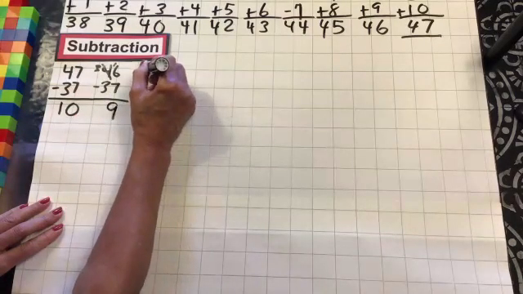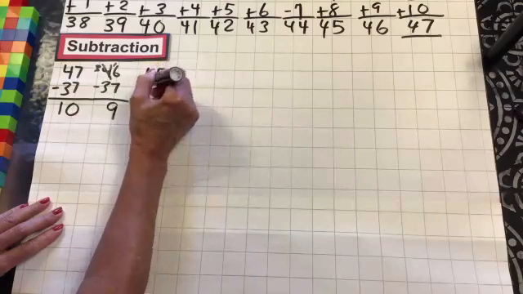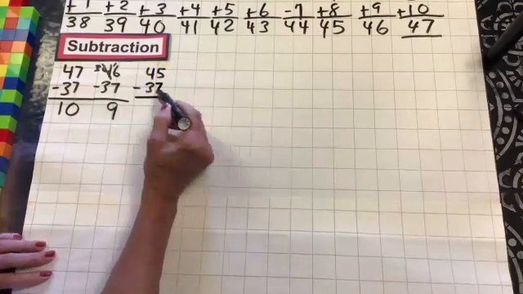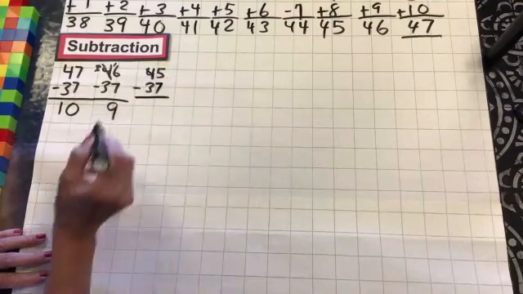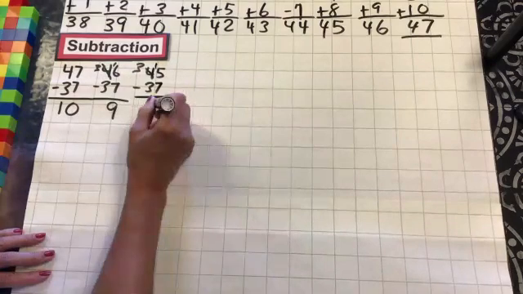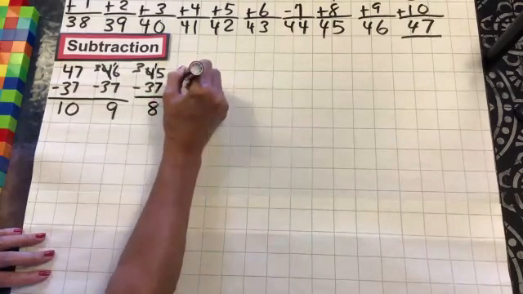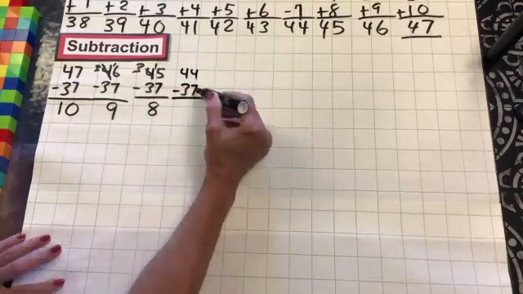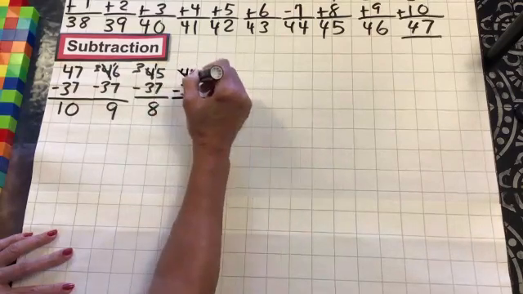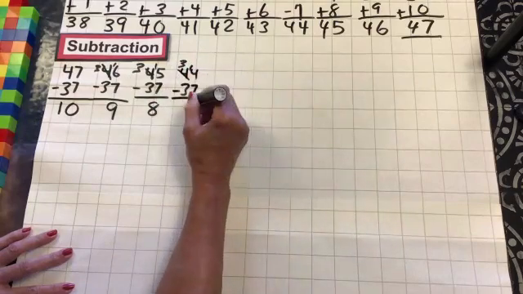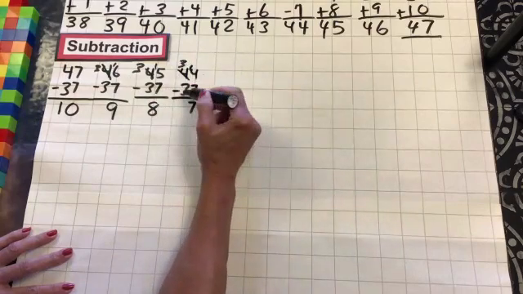All right. 45 minus 37 equals, well, we can't take 7 from 5, so we borrow from the 4, leaving 3, making that 15. 15 minus 7 is 8. We have 44 minus 37. Can't take 7 from 4, so we borrow from the 4, leaving 3, making that 14 minus 7, 7. 3 minus 3, nothing.